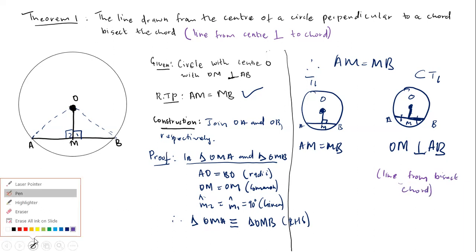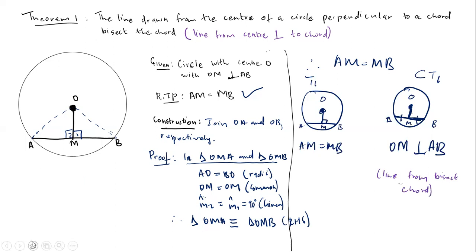Okay, let me change my color pen once more. This thing is disturbing me. So now, this is the converse of theorem number 1. This is the reason that we're going to use to apply the converse when we do problem solving. You don't have to prove this.